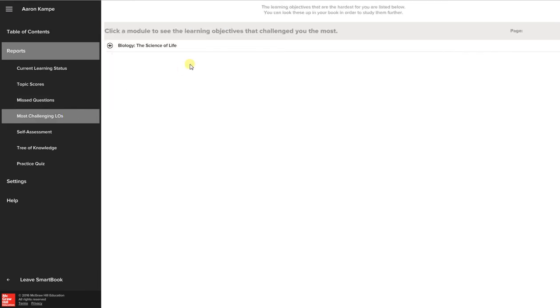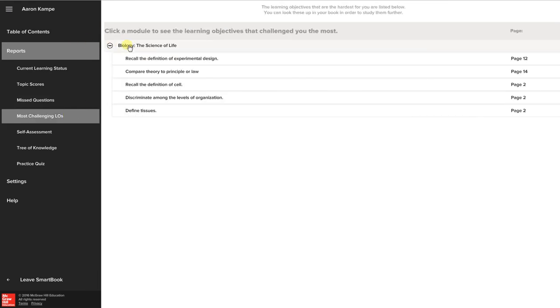And also how those pertain to particular learning outcomes, which is just a way McGraw-Hill groups these topics, right? Maybe you have a hard time recalling the definition of something, or you don't understand comparing theory of principles or law. Maybe you have a hard time recalling the definition of another word. Maybe you have a hard time discriminating among levels of organization.